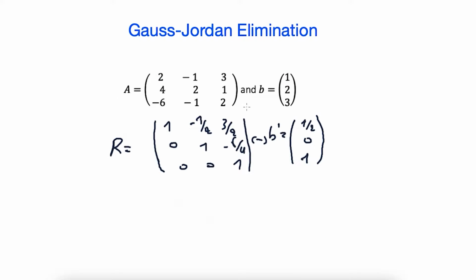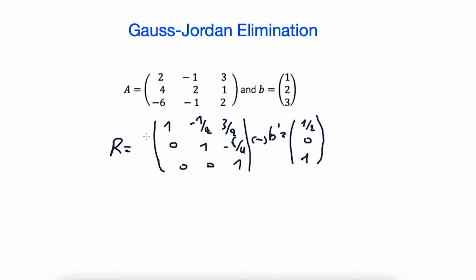This is the same example that we have seen in the last lecture. We got the row echelon form of this matrix, and we used it with Gaussian elimination. But now we will continue our operations on this row echelon form matrix to get the reduced row echelon form. To get it, we'll do more operations on this matrix and its corresponding vector b prime.